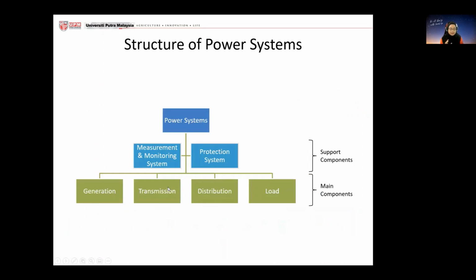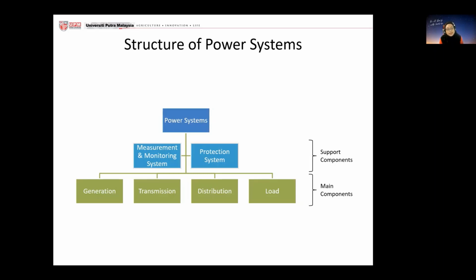If you think about that, if you look very high up, in terms of the country or the world, the structure of our systems actually has many components. Of course, it has its own support components, and support here means you have different ways to measure and monitor the system.